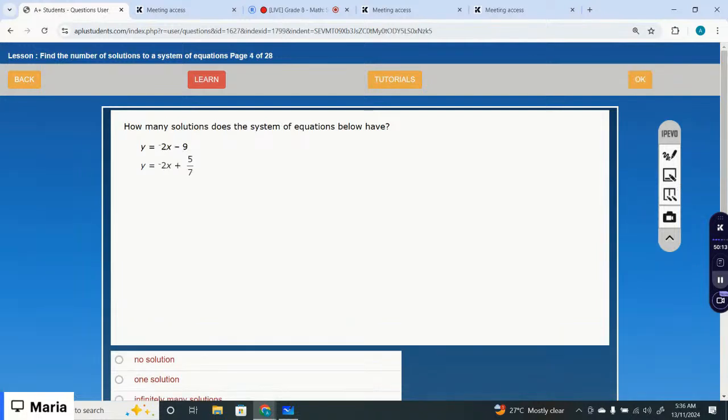How many solutions does the system of equations below have? Y equals negative 2x minus 9 and y equals negative 2x plus 5 over 7.